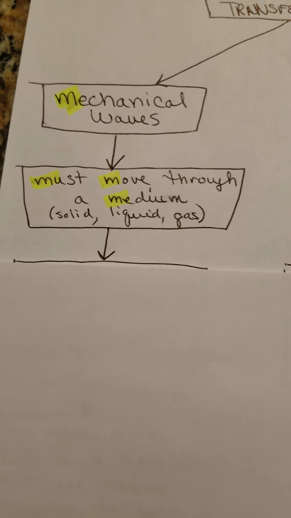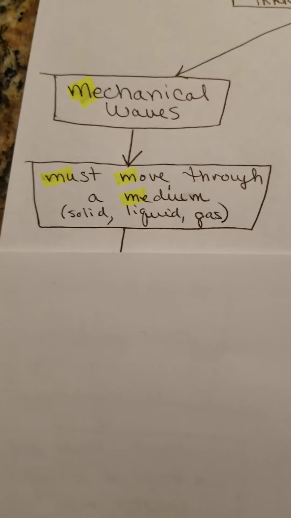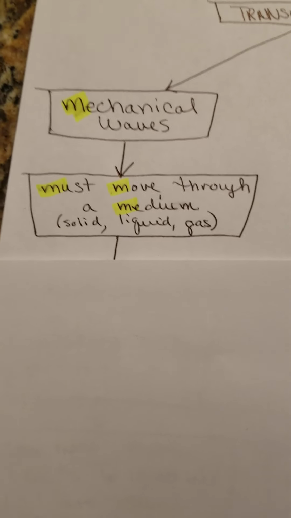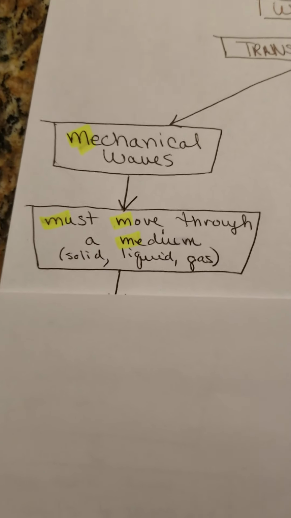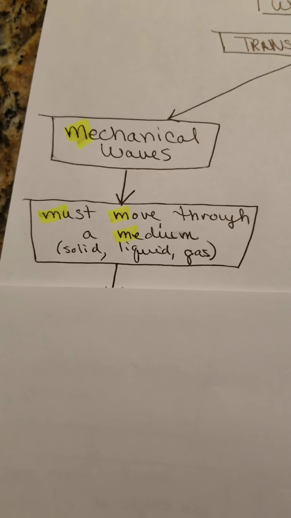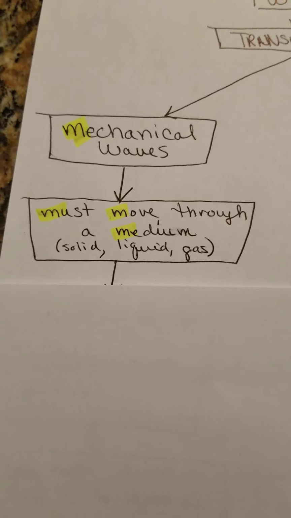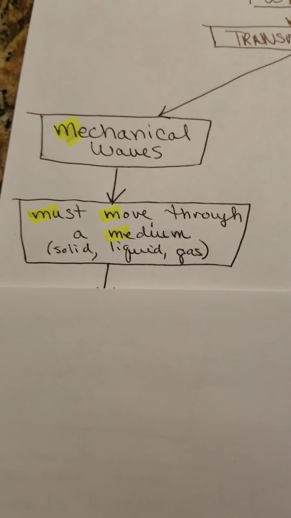There are different ways that mechanical waves and EM waves can transfer energy. So here's how mechanical waves do it. Mechanical waves must move through a medium. What's a medium? Well, it's somewhere between a small and a large. No. A medium is any type of substance that can be vibrated, that you can come in contact with.